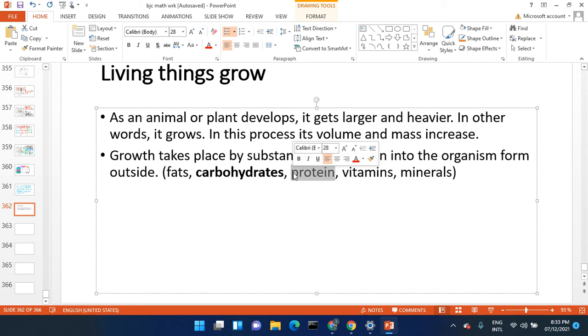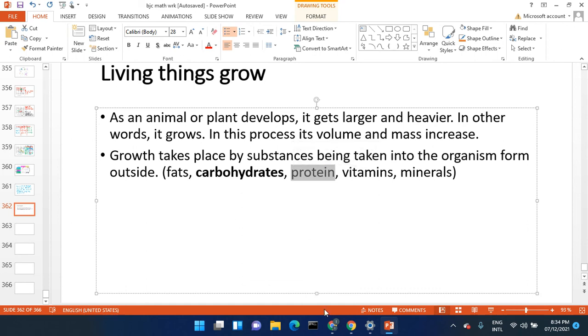Beef has protein, chicken has protein. What else has protein? You get protein from nuts. You get protein from beans, like black beans, pinto beans, all types of beans. You get protein from almonds.